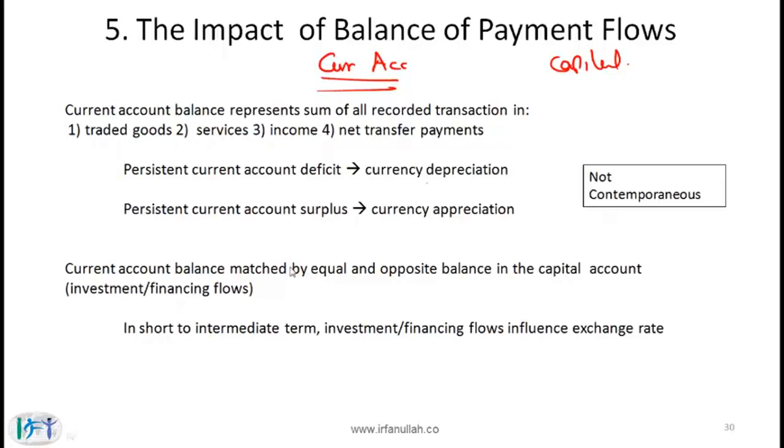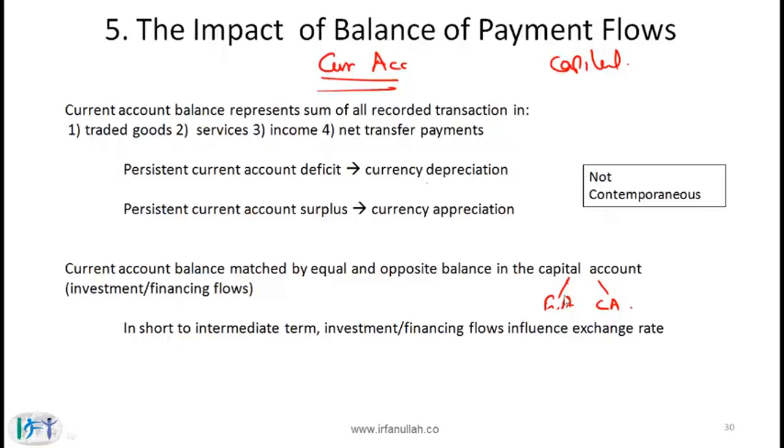The current account balance must be matched by an equal and opposite balance in the capital account. So the capital account consists of all the investment and financing related flows. At level 1, we studied this in a little more detail, where we thought of the capital account as a financial account and a capital account, and this distribution was based on the nature of assets.